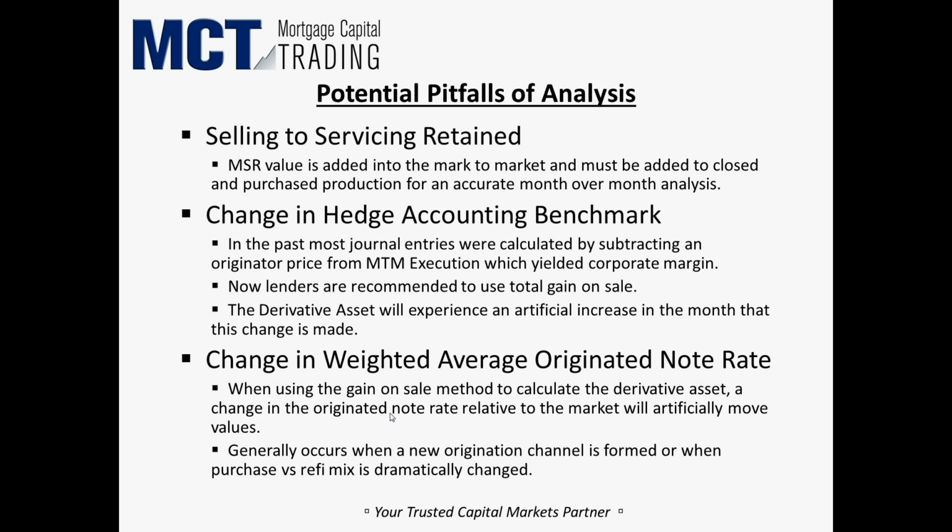And then if you opened, let's say, a consumer direct or just a market-savvy, sophisticated borrower, like a bank rate origination, you're going to obviously have a lower mark-to-market execution, probably a lower buy price as well. So the margin might not change at all, but the point is that you're going to have an artificial drop in your derivative asset mark-to-market valuation.